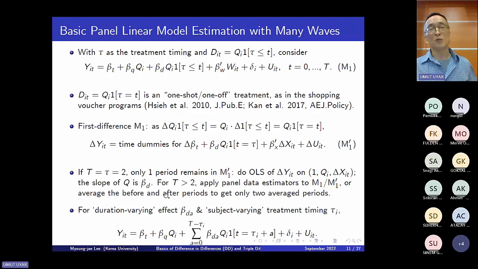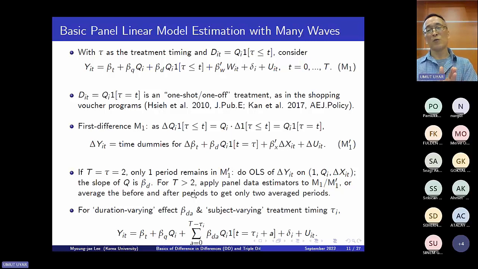If you are not familiar with panel data, if you know only cross-section OLS, what you can do is average the entire pre-treatment periods to get one averaged pre-treatment equation.